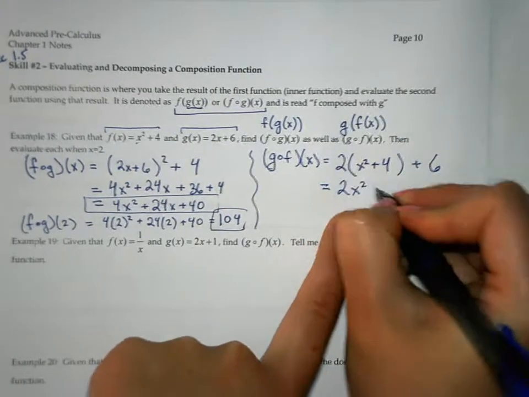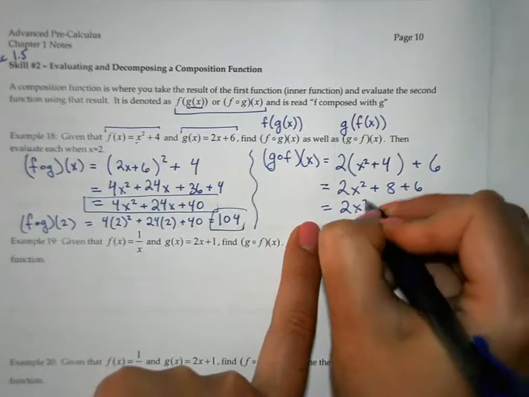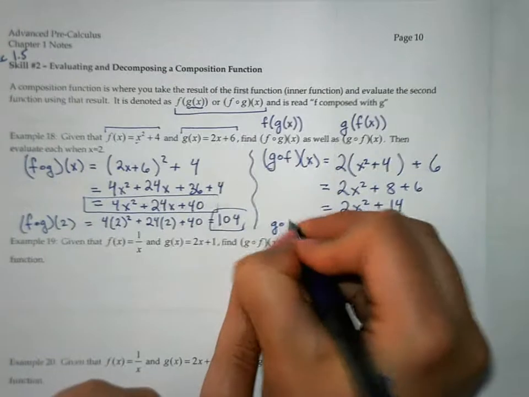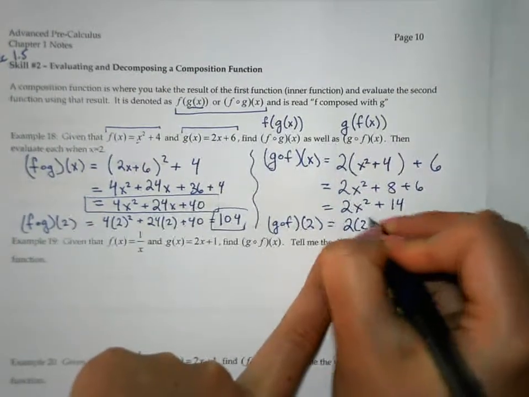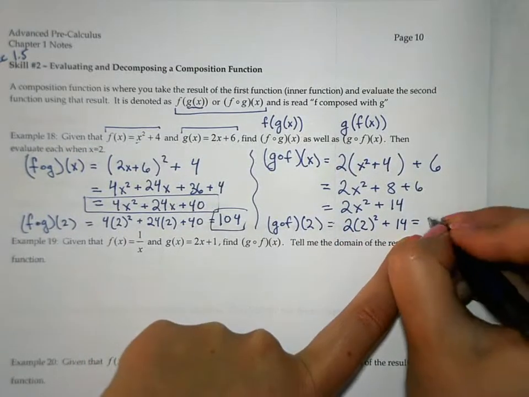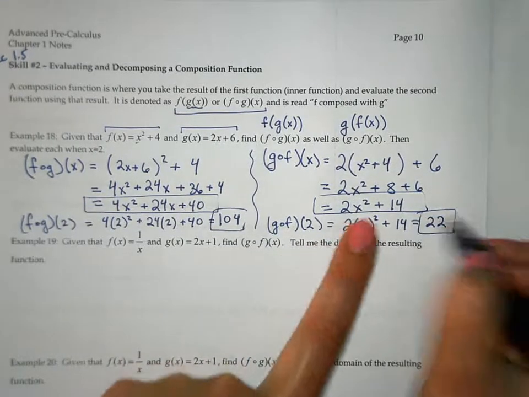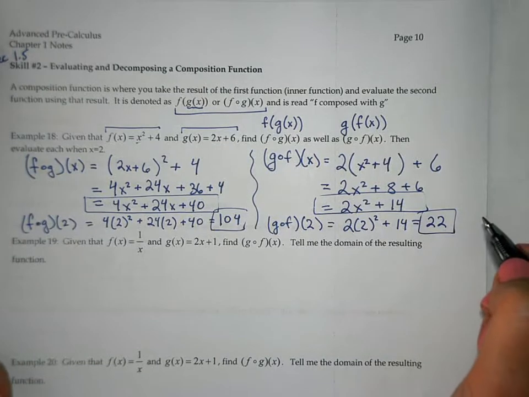Simplify this. And then to evaluate when this is 2. There's the function, there's the value. Okay.